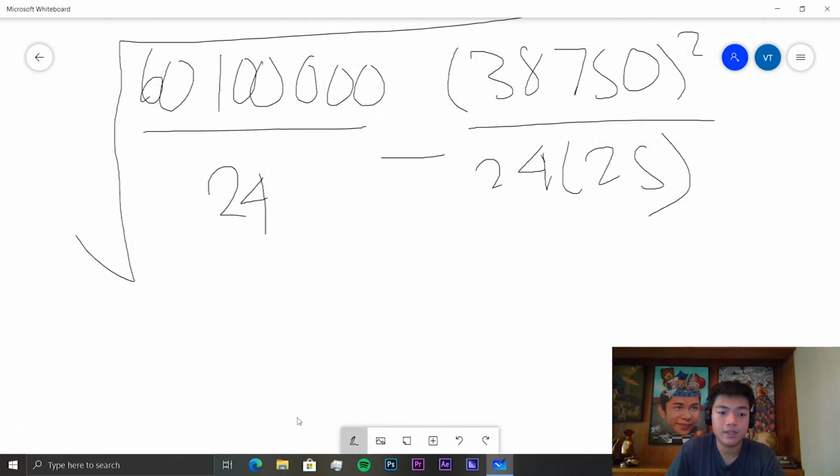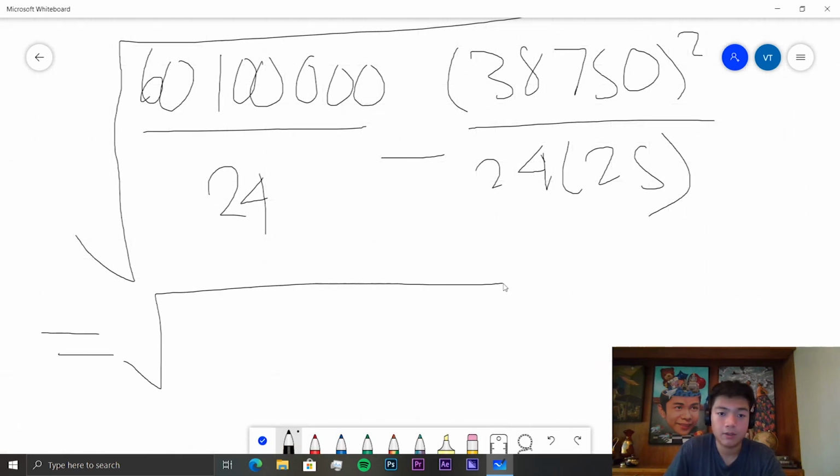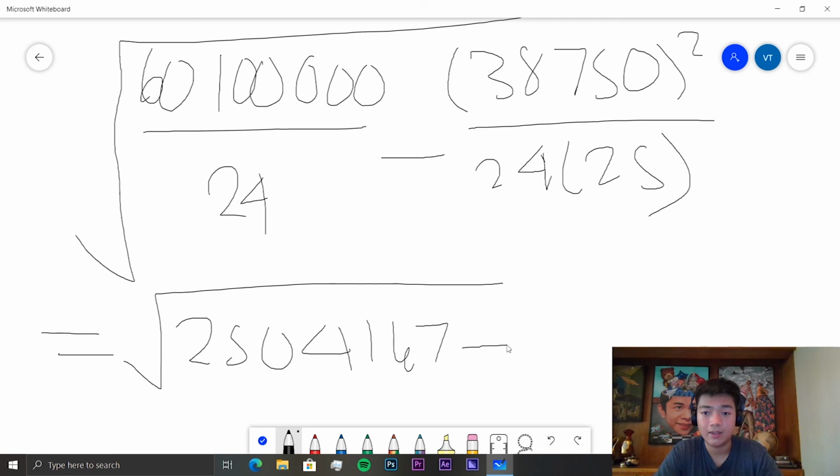This should be equal to the square root of 60,100,000 divided by 24, which is about 2,504,167, minus 38,750 squared divided by 24 times 25.